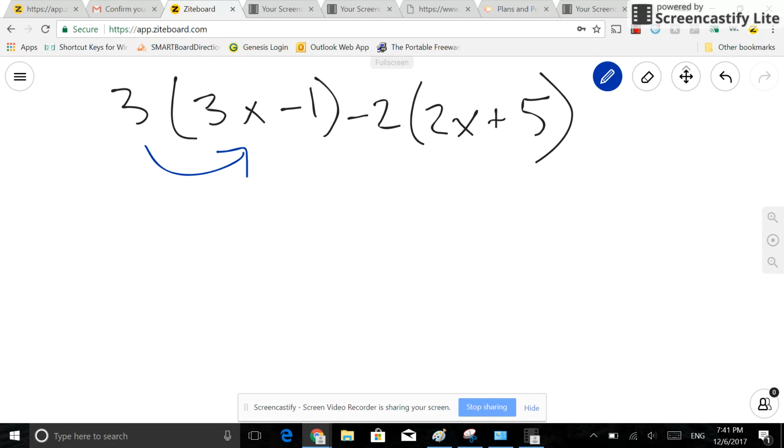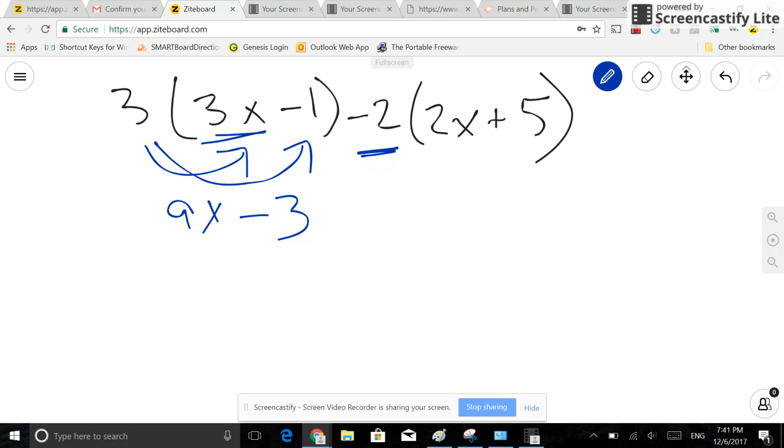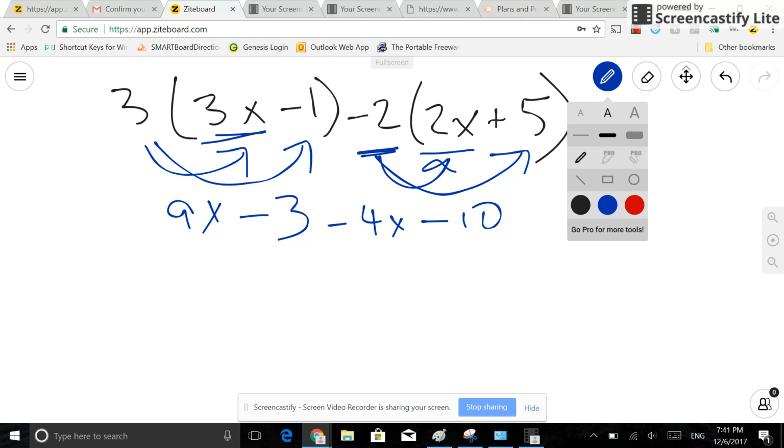So 3 times 3x gets you 9x. 3 times negative 1 gets you negative 3. Now I'm going to distribute this negative 2. Negative 2 times 2x gets you negative 4x. Negative 2 times 5 gets you a negative 10.